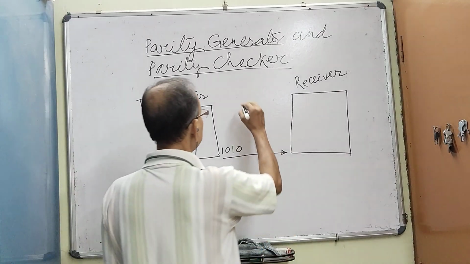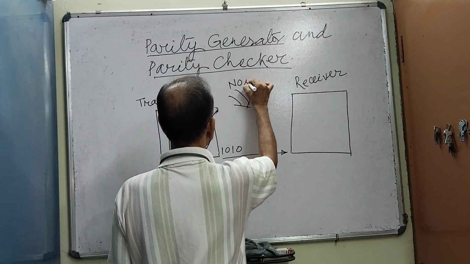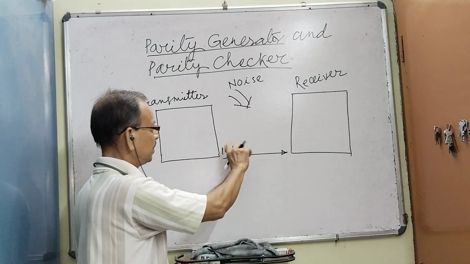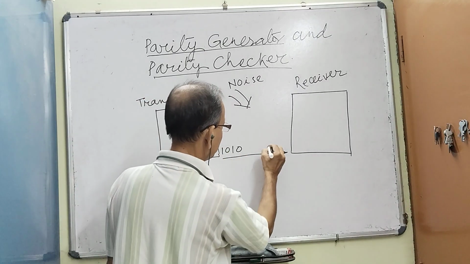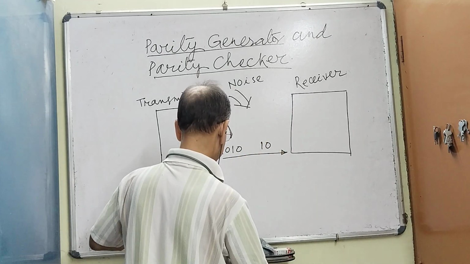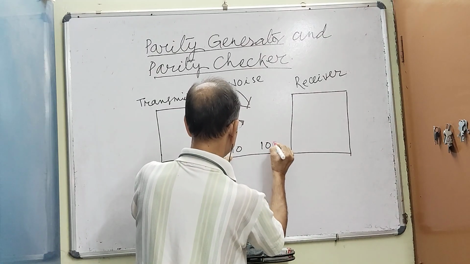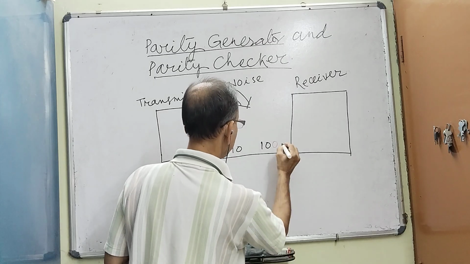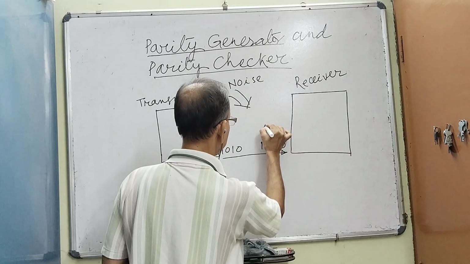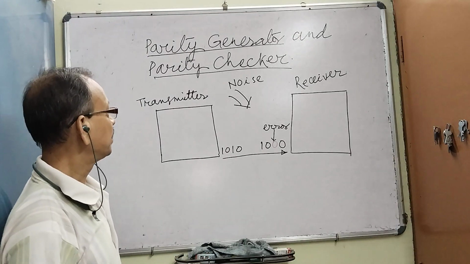Now there is some noise, which changes this. That is 1 0, and this one moves to 0 and this is again 0. So there is some error due to noise.